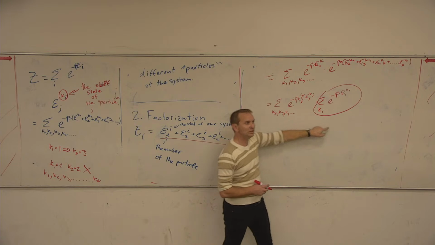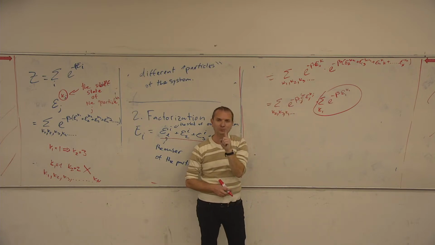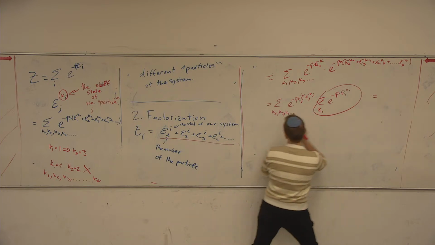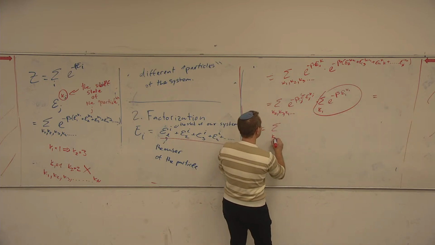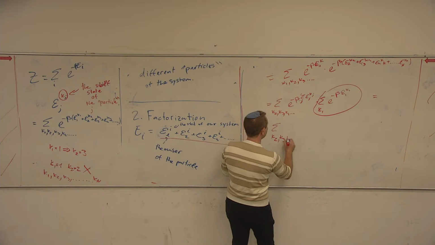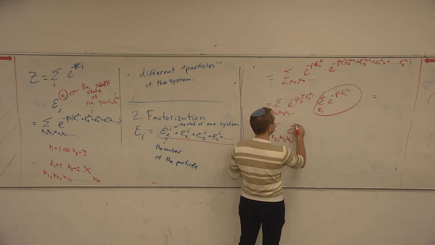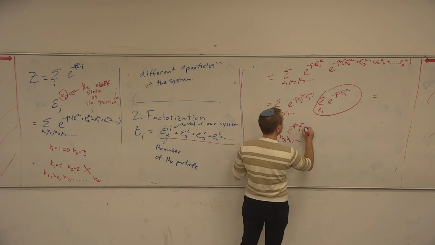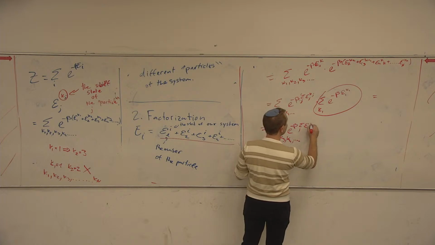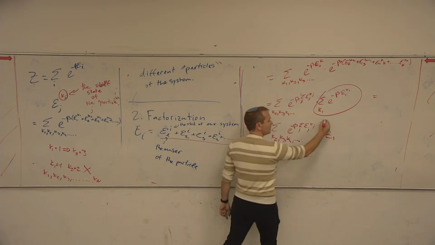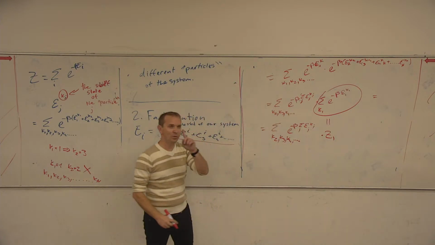So this is simply the partition function of one single particle without any interactions. So I have a sum over K2, K3, K4 of e to the minus beta sum over j of epsilon j kj, multiplied by z1. This z1 equals the partition function of one single particle.